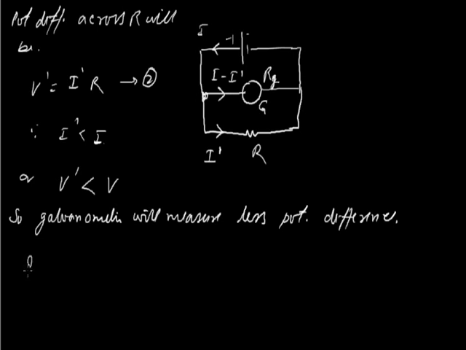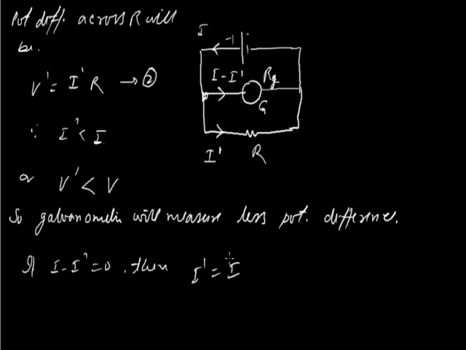If I minus I dash is 0, then I dash will be the same as I. It means it will measure the accurate potential difference, but it is not possible. If I minus I dash is 0, then the deflection in the galvanometer will be 0. It will not measure the potential difference.